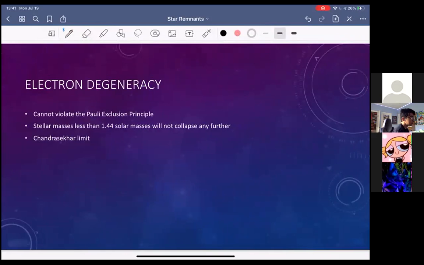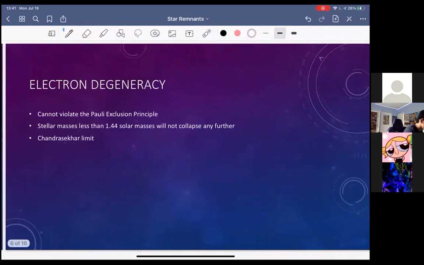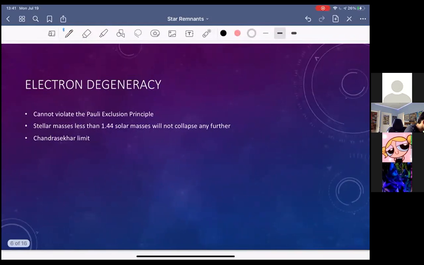So a white dwarf is governed by something we call electron degeneracy. So let's try to explain this concept. We all know about atoms, right? We know that an atom has a nucleus, and then has some electrons kind of orbiting around it, right?